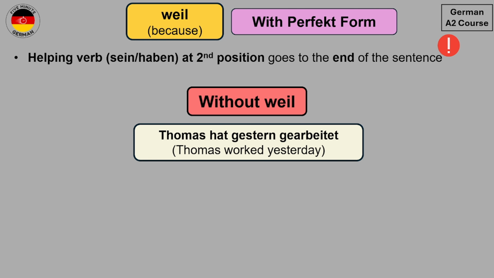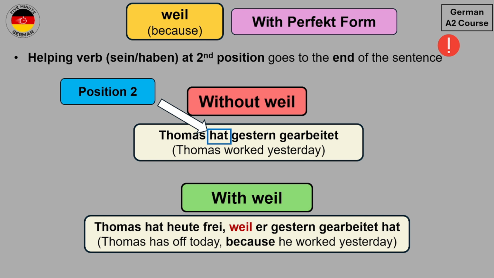So you see at position number 2, we have the helping verb. And when we write this with weil, then it will be Thomas hat heute frei, weil er gestern gearbeitet hat. Thomas has off today because he worked yesterday. And in this sentence, you see that the helping verb goes to the last position in conjugated form. So this is how you can use weil with the perfect form.